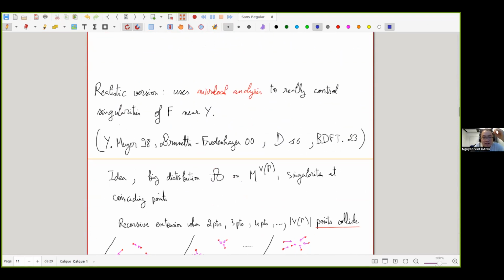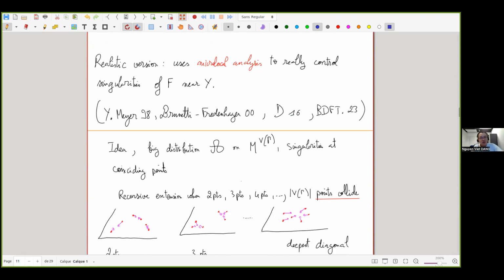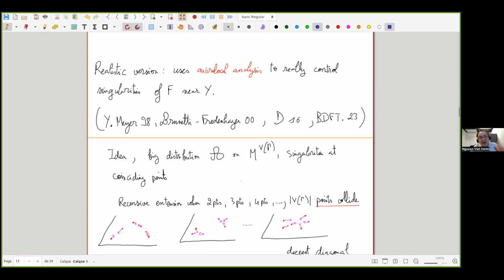Okay, so now just a comment. In our work and also in the Brunetti, Fredenhagen work, when you renormalize the Feynman amplitude in Lorentzian manifolds, or when you renormalize the amplitudes for stochastic PDE, it's more complicated. You have to use microlocal analysis to control the size of your objects.